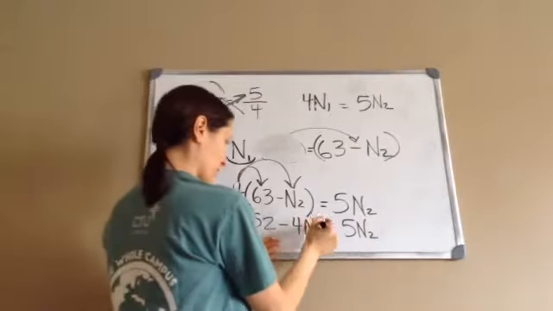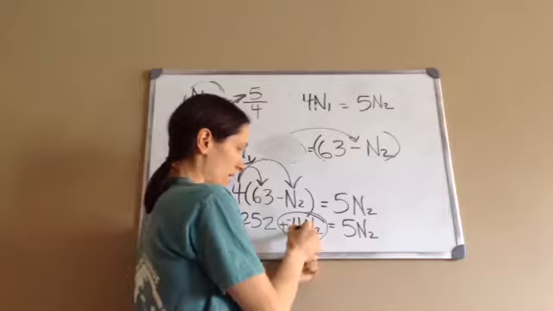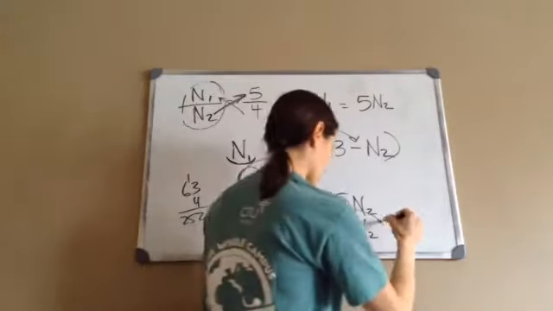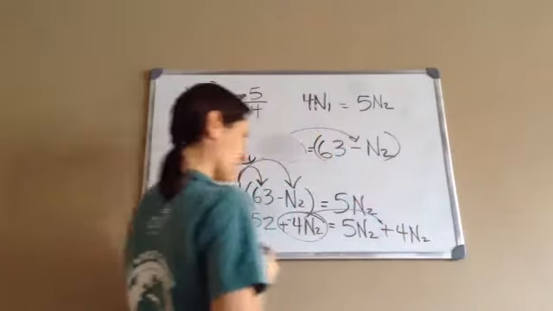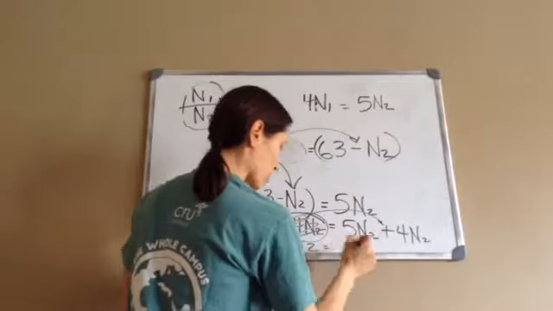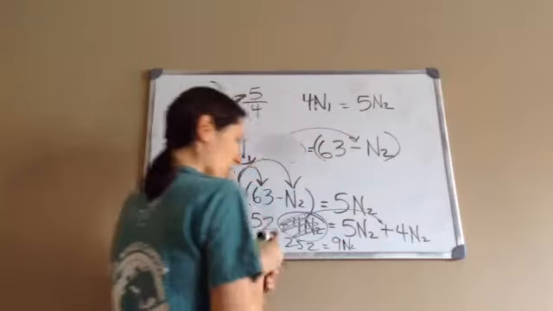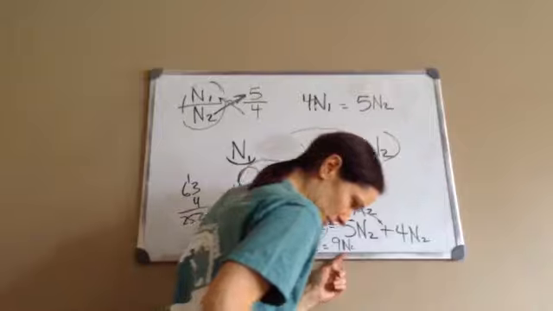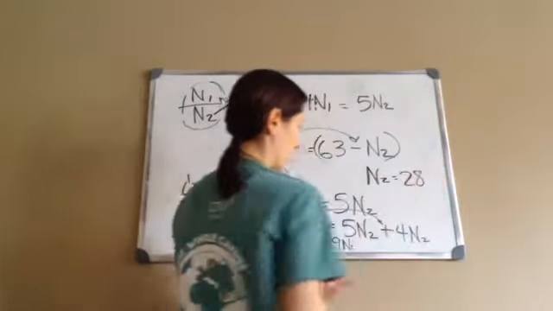So now I'm going to move this negative 4 N2 across the equals, and that becomes a positive 4 N2. Equals 252, so I just got rid of that. Equals 5N plus 4N equals 9 N2. So then 252 divided by 9 gives N2 equals 28, just so you know.